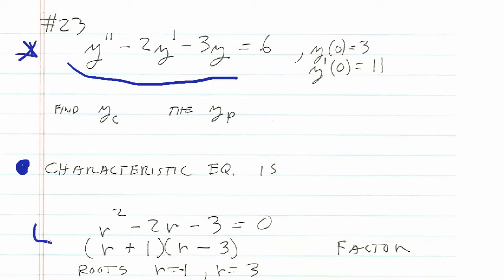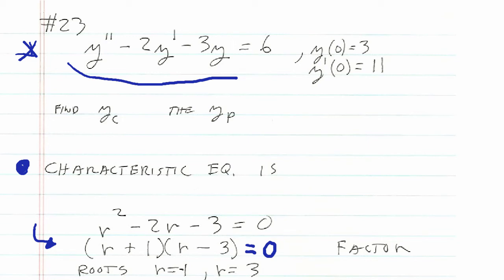Factoring that using elementary algebra, you find that r plus 1 times r minus 3 must be equal to 0. By looking at it, you see the roots are r equals minus 1 and r equals 3.